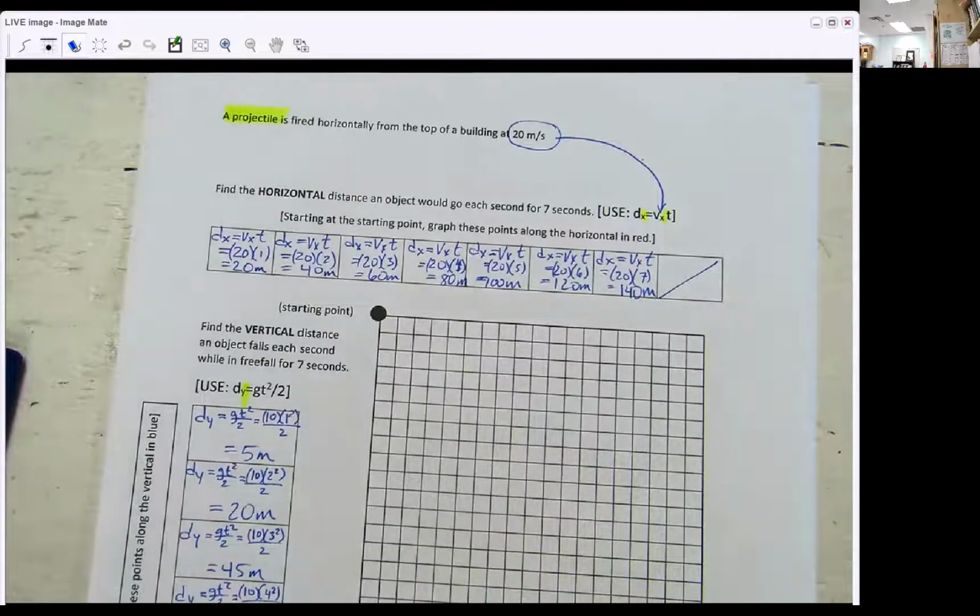In addition, get a blue and a green. So get a red, a blue, and a green at this time.